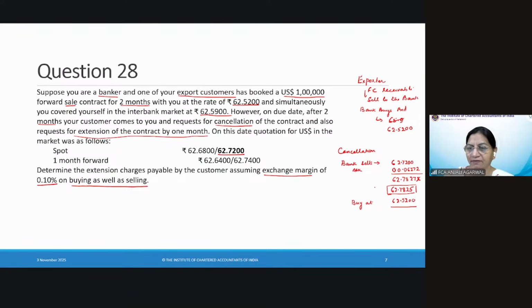So first thing that will happen is this cancellation charges. There is no flat charges here. $62.7825 minus 62.52. So per dollar, he has to bear 0.2625 loss to the customer.